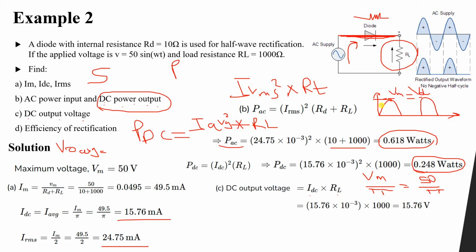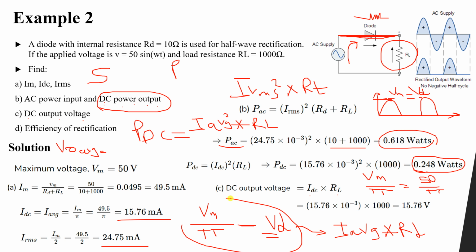So how can we translate this? It is very simple. You just take V max over pi and subtract the voltage drop of the diode, which is simply I average multiplied by the resistance of the diode. If you apply this, you will get the same value here. So you can get the average value across the resistance and subtract from it the voltage drop on the diode, I average RD.